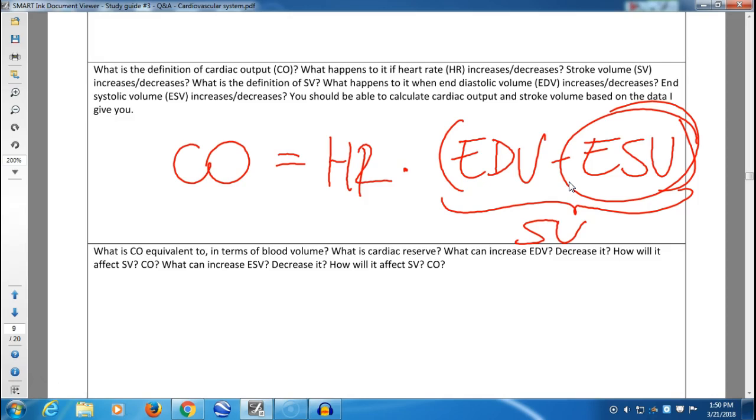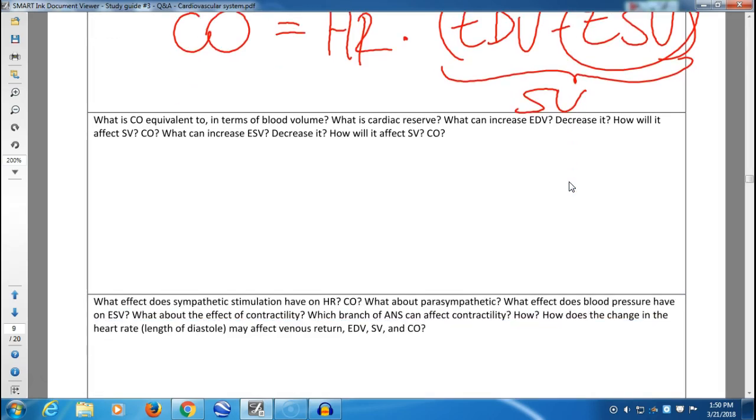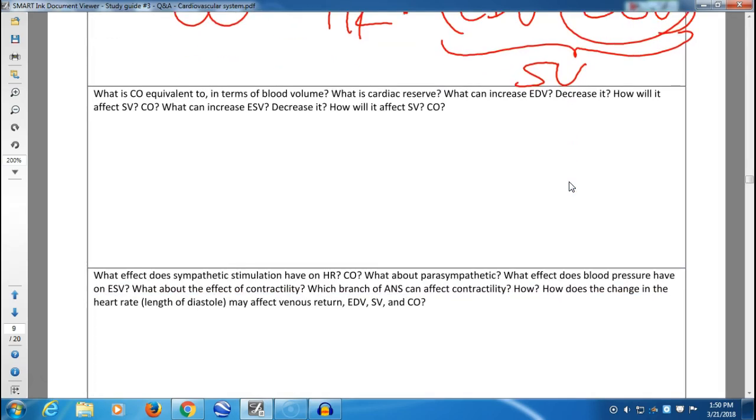Does that make sense? There will be another 5 or 6 questions that will deal entirely with the effects of venous return, afterload, contractility on the cardiac output, stroke volume, and things like that. If you can play with this formula, you're totally fine. Am I clear?